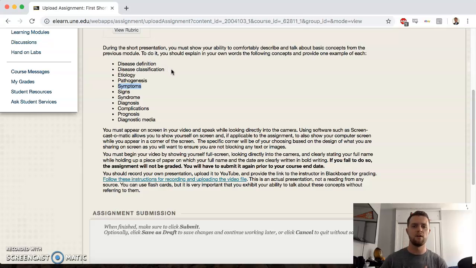Symptoms are one of the types of clinical manifestations, and they are more qualitative than quantitative. You can't really measure symptoms. They're more subjective. You don't see them. It would be if the patient came into a dental office and said, I'm having tooth pain, and that would be a symptom. And then signs. Signs are more objective.